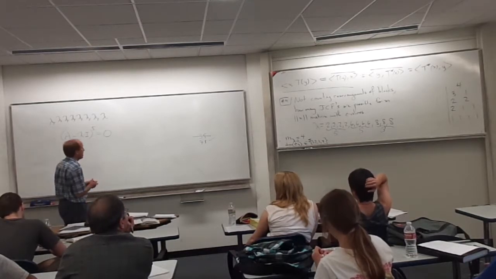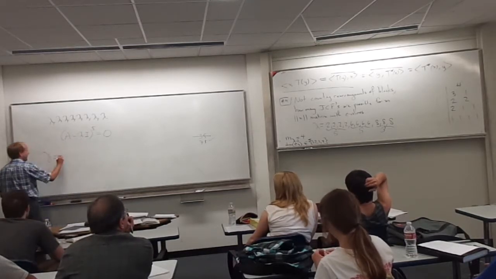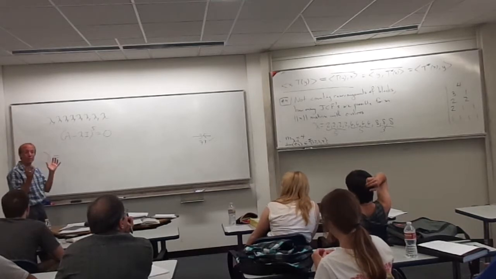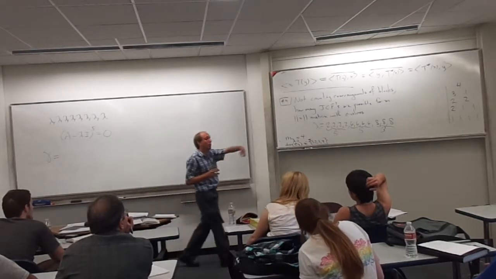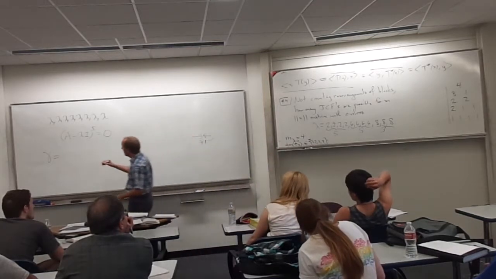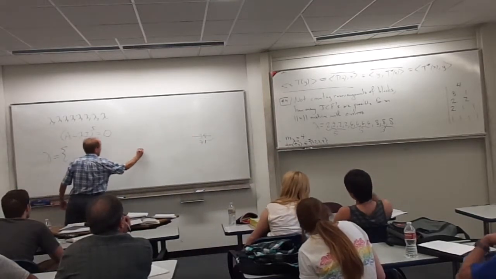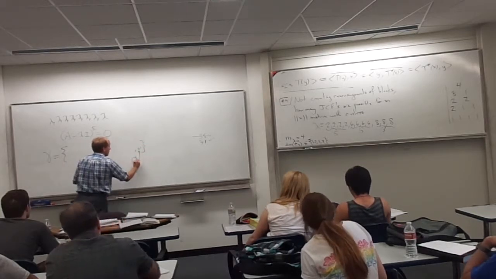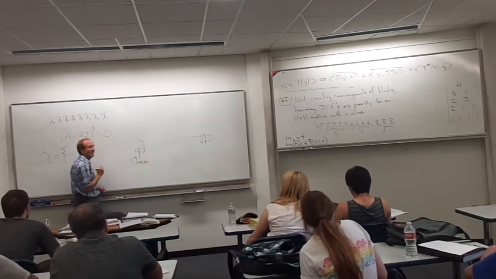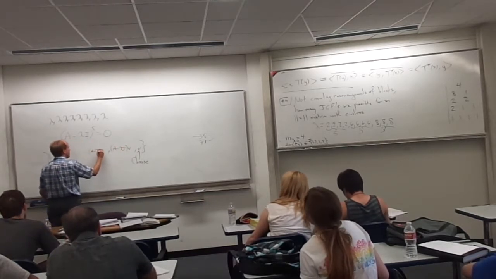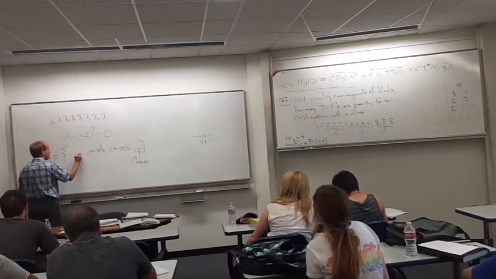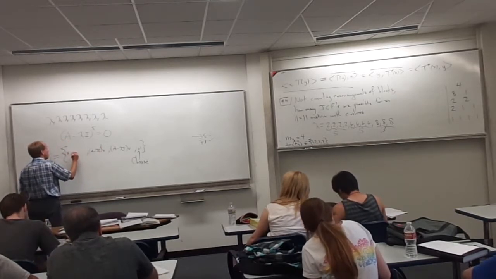So what you have to think about is, do you remember the cycles? Not only how many cycles, that's one thing, how many blocks are there, but also how long are those blocks. Remember, you start with a vector that you choose, and then you work your way along the cycle: (A minus lambda I) times v, (A minus lambda I) squared times v, and eventually the last one would be (A minus lambda I) to the 4th times v.